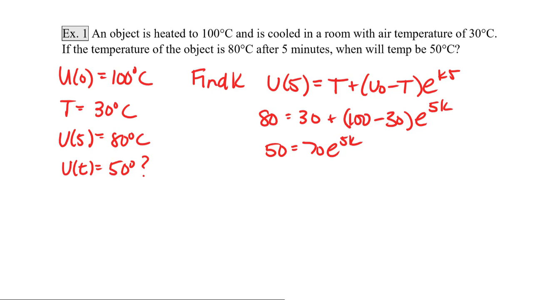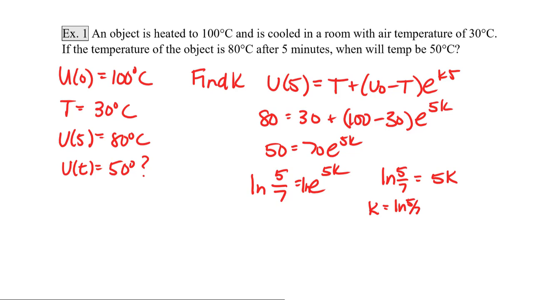Now I'm going to have to use logarithms to isolate that k, but before I do that I need to isolate e to the 5k by dividing both sides by 70, and I wind up with 5/7 is equal to e to the 5k. Now if I take the natural log of both sides, that means that the natural log of 5/7 is equal to 5k, or k is equal to the natural log of 5/7 over 5, which is approximately equal to negative 0.067294.